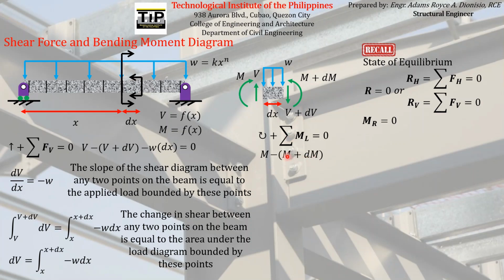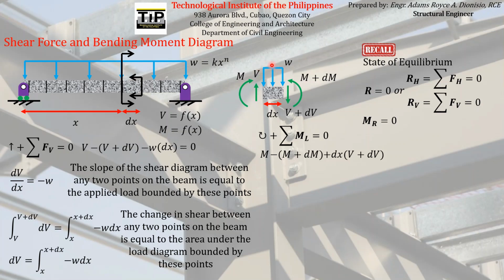Next, we have to get the moment of this shear force acting downward with respect to this left end. This is the magnitude of that force, because moment is just equal to force times perpendicular distance, which is dx, so we just have to multiply this shear force by its perpendicular distance, which is dx. But take note, the moment of that shear force acts clockwise, so it must have a positive sign.